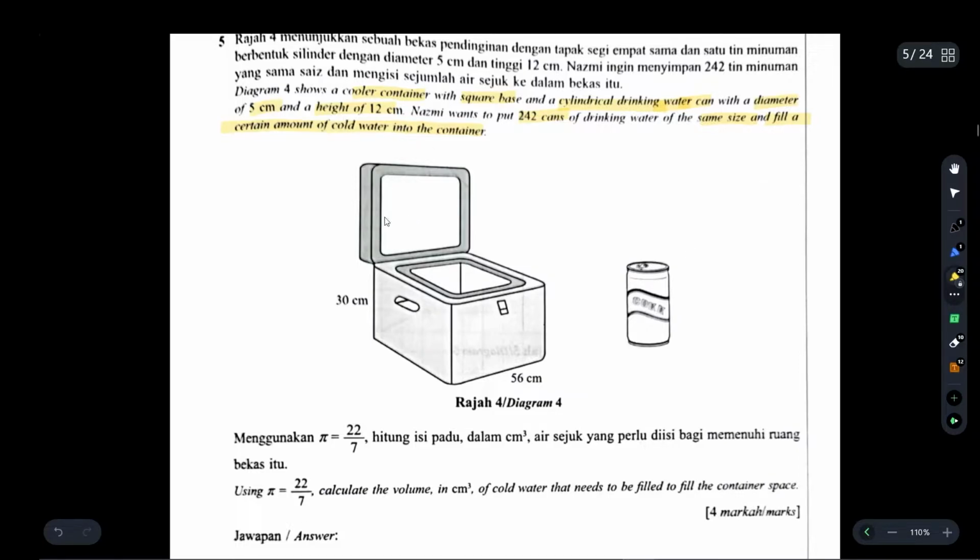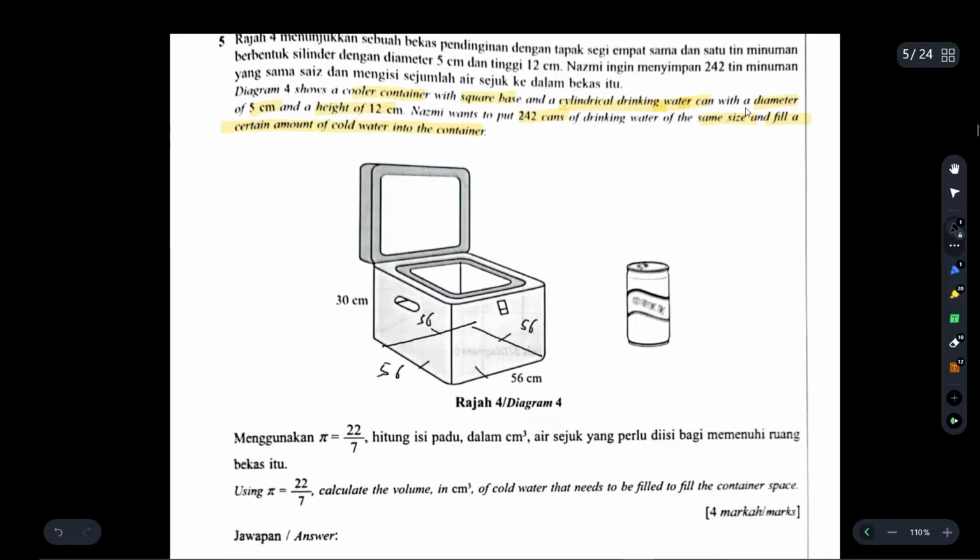The cooler container has a square base, right? Yeah, this is 56 and this is also 56 centimeters.